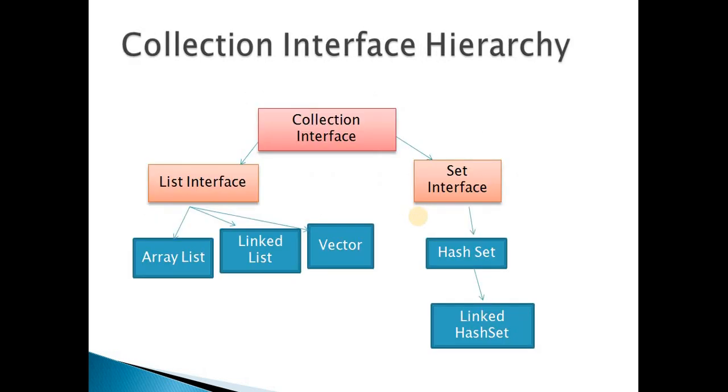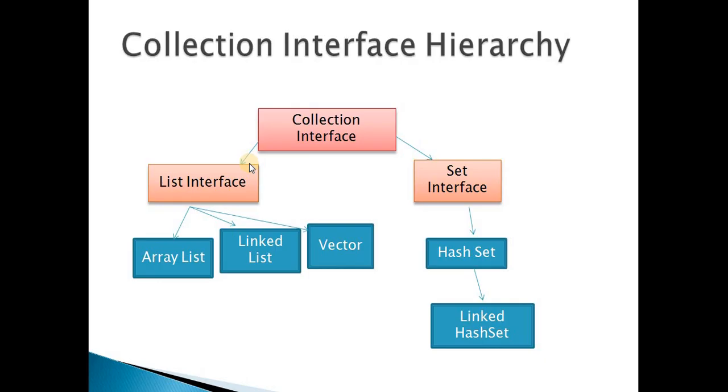If you see the hierarchy of this collection interface, you can find that collection interface is the root element right here. It is very simple. Under this collection interface, you will find a list interface and a set interface.